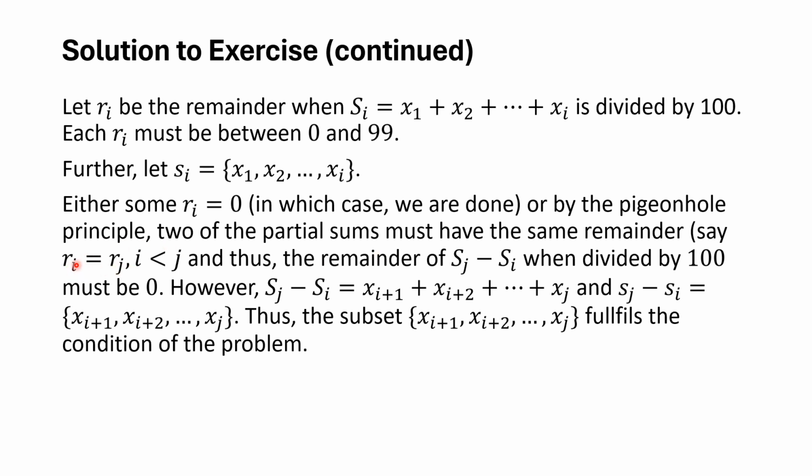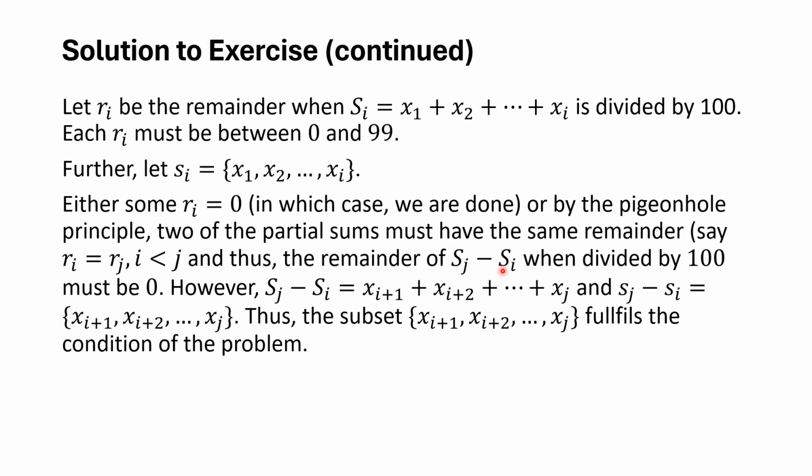So let's just say R sub i equals R sub j and i is less than j, which means that the remainder of S sub j minus S sub i when divided by 100 must be 0. And if we look at what S sub j minus S sub i looks like, it's this here, because these are all in sequence, right?